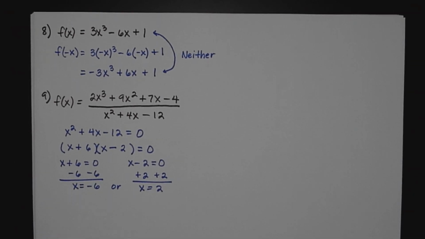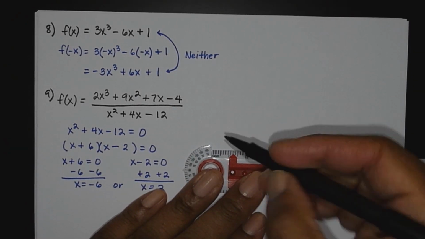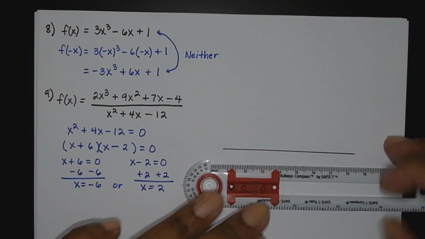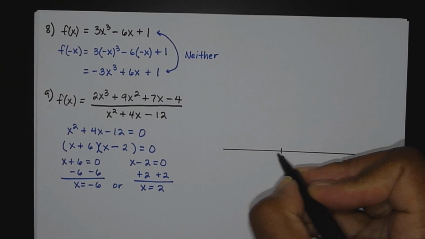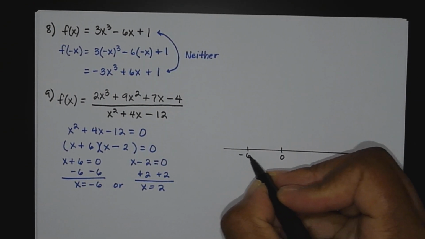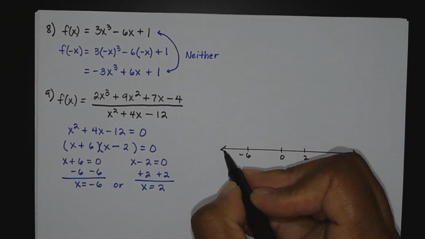Now, on the test, you will be required to give your answer for the domain using interval notation. If this helps, you can draw a number line. Negative 6 is over here, and 2 will be over here to the right of 0.